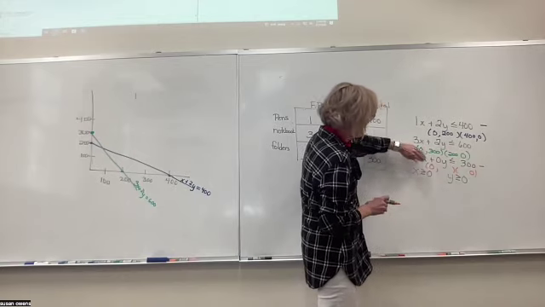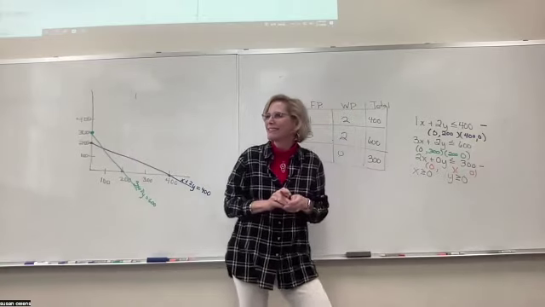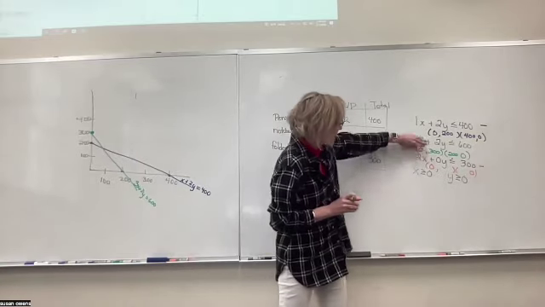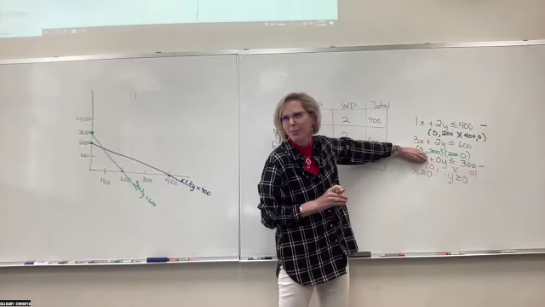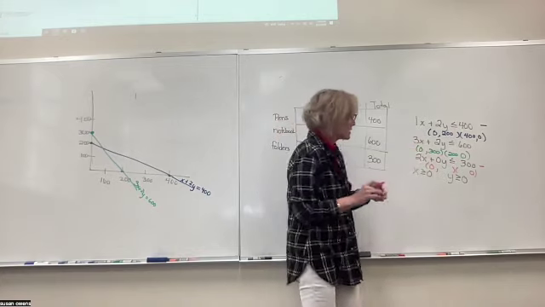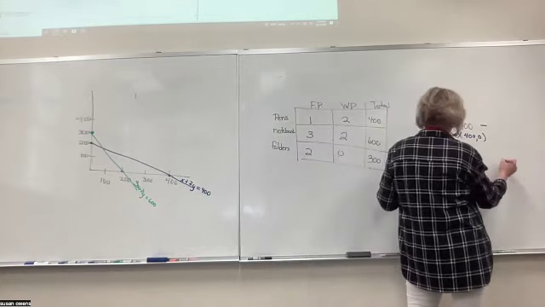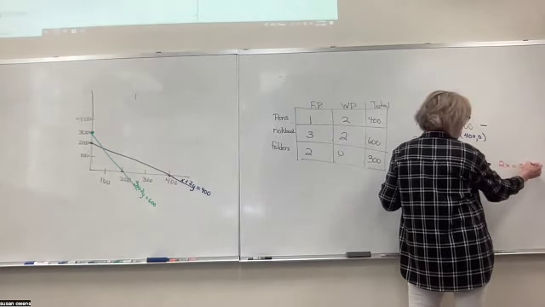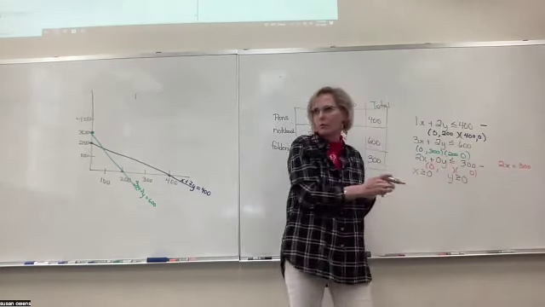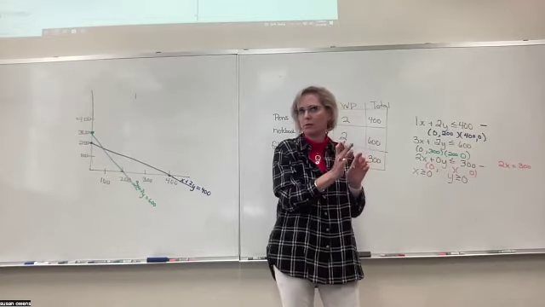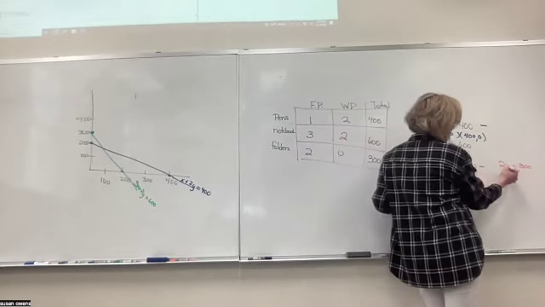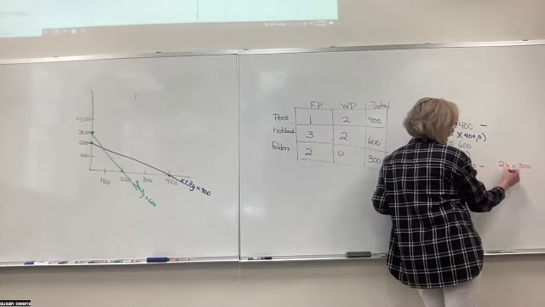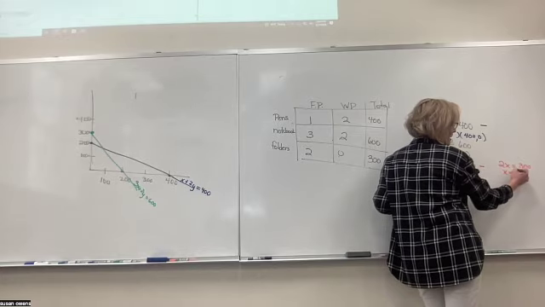Okay, so when y is 0, we're dividing by 0, and 0 is undefined, right? So this is really just the line 2x equals 300, right? If we take out that 0y, so this is kind of a weird one. Okay, and so if I divide by 2, I get x equals what? 150.